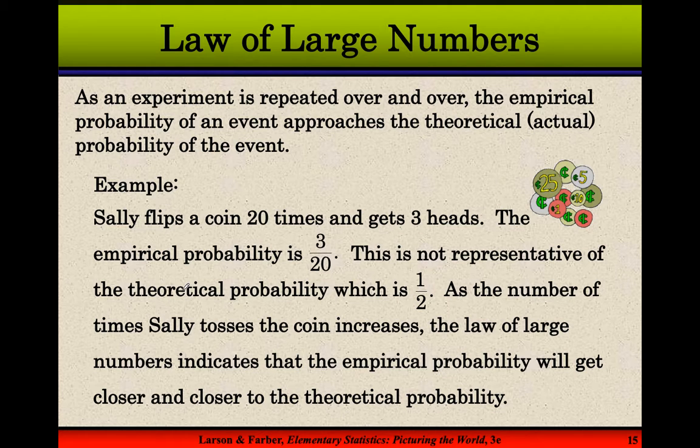If I flip the coin 50 times, I still may not get 25-25, but I'm closer to a 50-50 split than I was with 10 flips. If I flip the coin 500 times, again, it may not be 250 for heads and tails each, but it's going to be a lot closer to a 50-50 split than my 50 flips or my 10 flips.